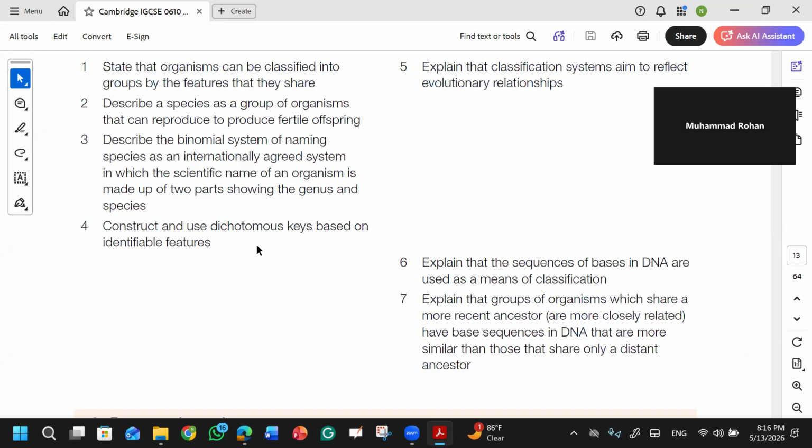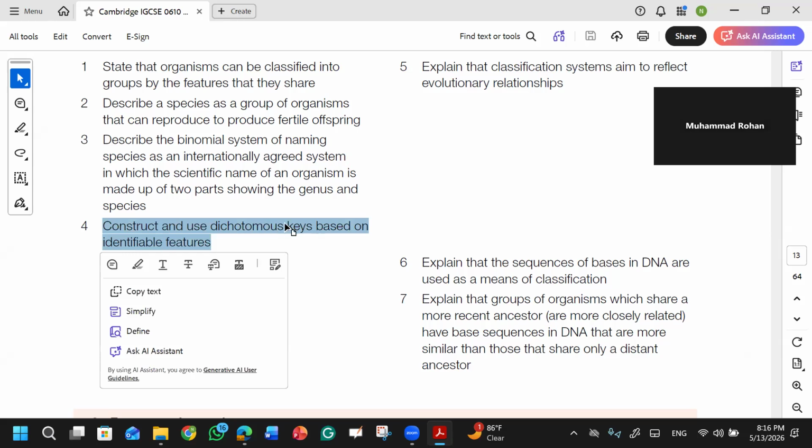Then there is constructing and using dichotomous keys based on identifiable features. They are talking about the evidences on which, from the previous time till now, they classify the organisms. So we discussed the morphology, right?